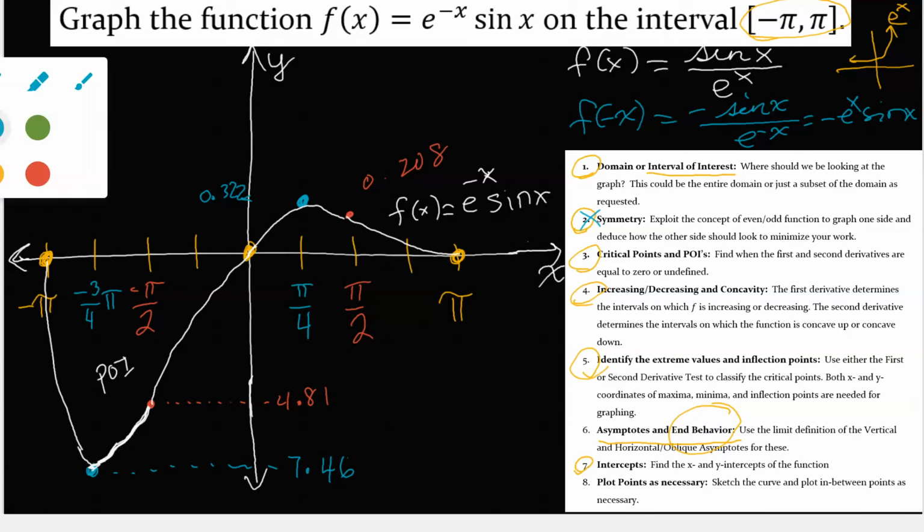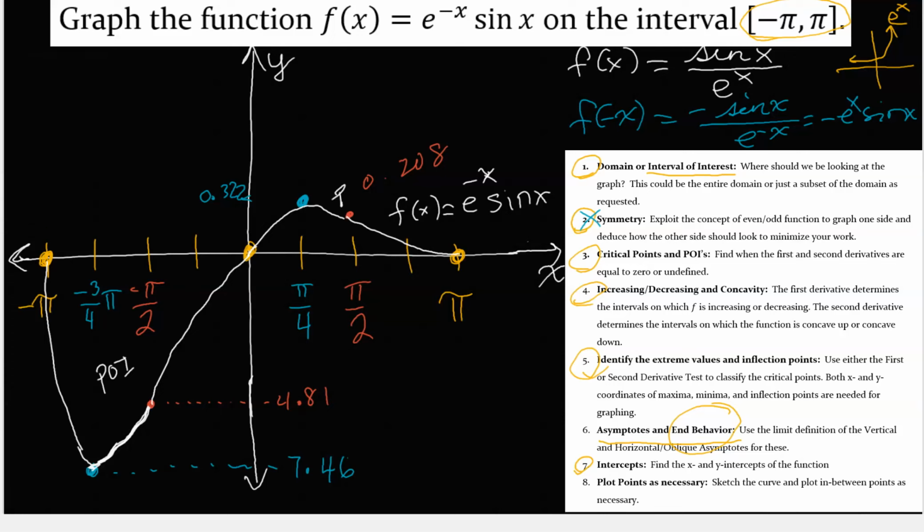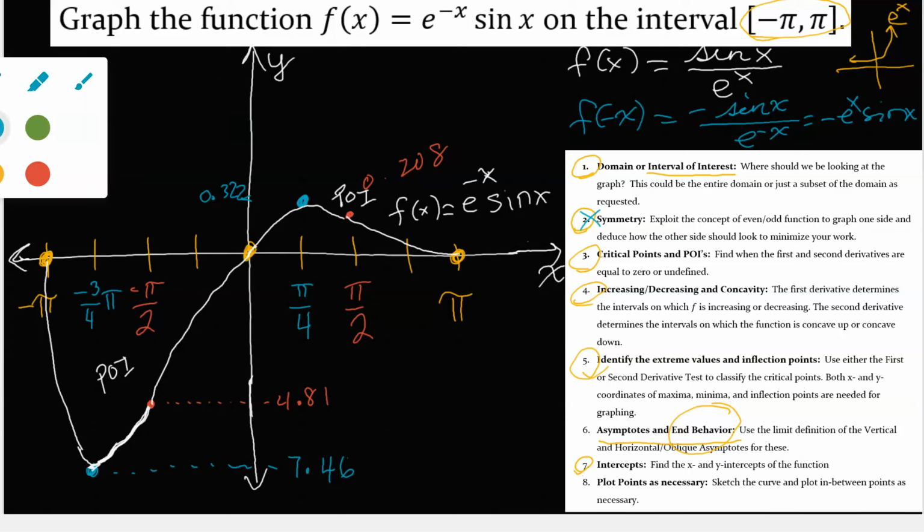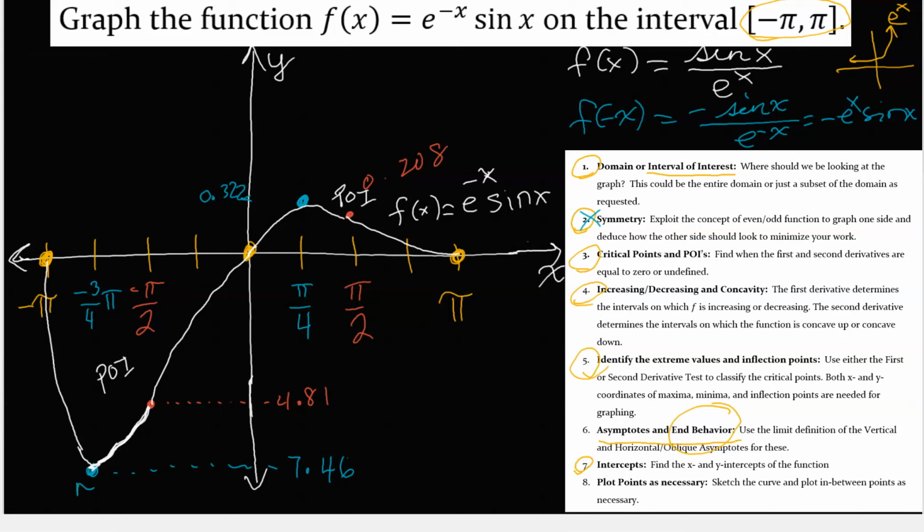Okay, now to really answer this question here, we have a couple of points of inflection, which would be here and here where the red are. So that's another point of inflection. And then where the blue are, we would have our relative max and min, relative minimum, and this is a relative maximum. But really, in a closed interval, what can we say?